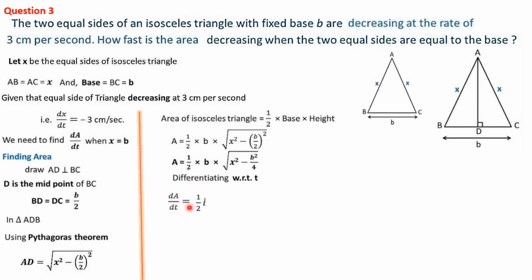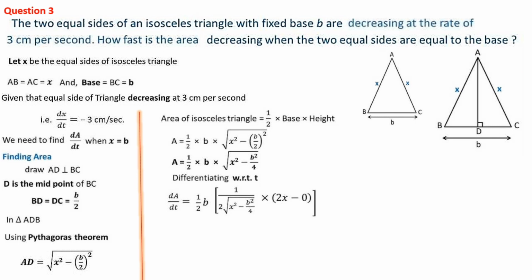So dA by dt is equal to 1 by 2, b is a constant, keep it outside. Root x derivative is 1 by 2 root x. So instead of x, this many quantities are there. So 1 by 2 into root of that particular quantity into the derivative of these terms.